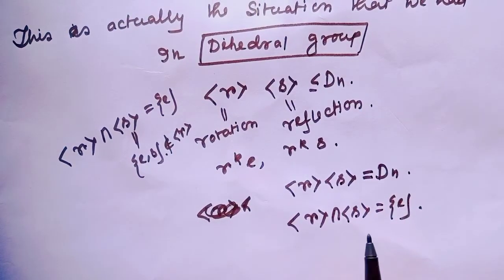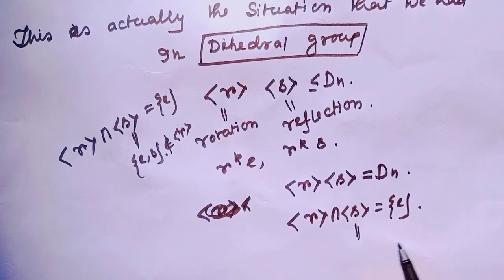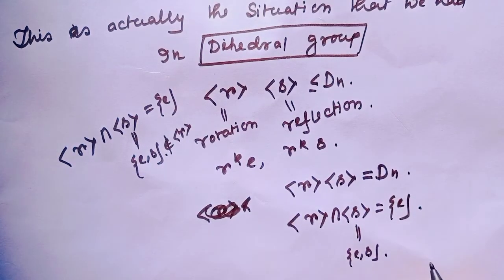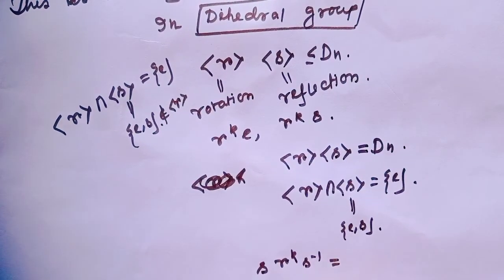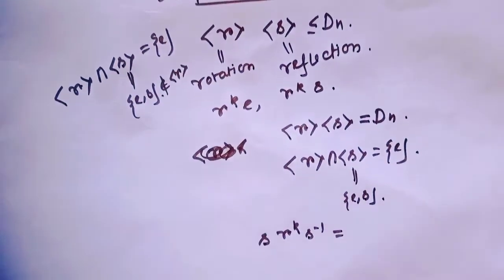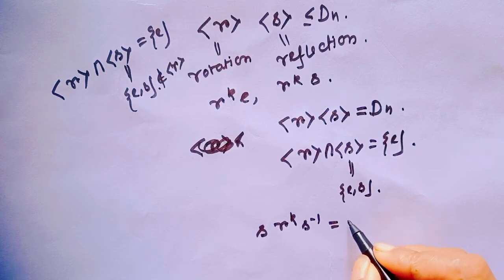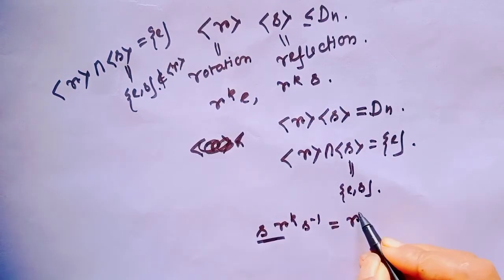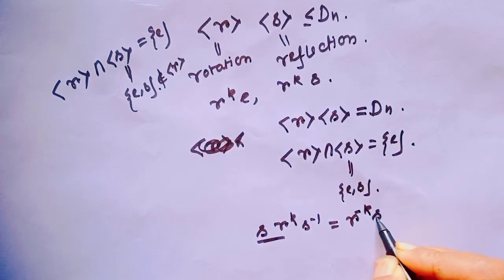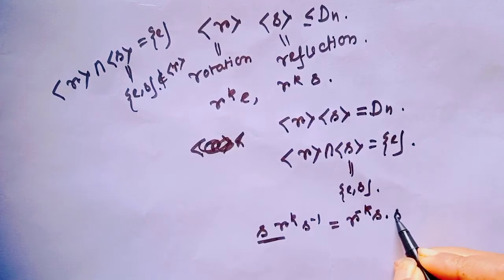Now we have to check for a normal subgroup. Does there exist one normal subgroup? Since this subgroup contains only identity and S, we all of us know S r to the power k times S inverse equals, by the property of the dihedral group, r to the power minus k times S, and this is S inverse.